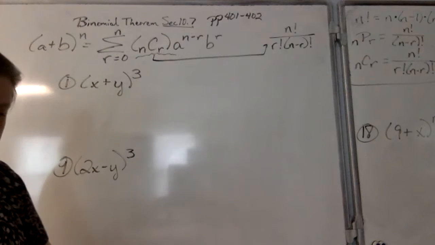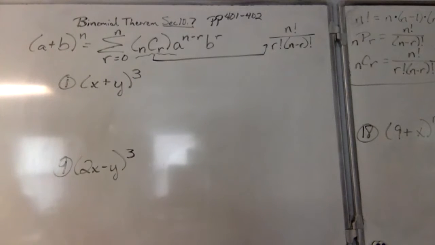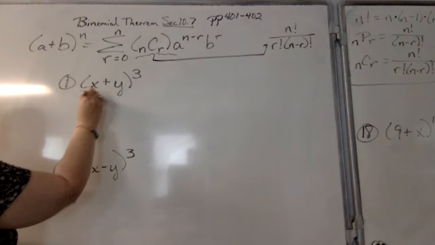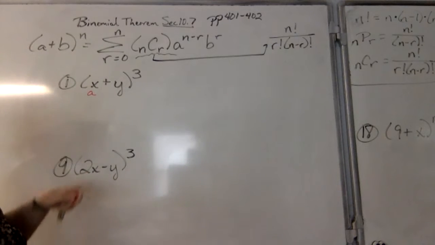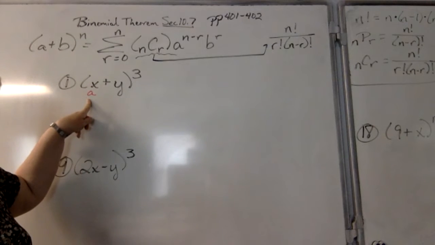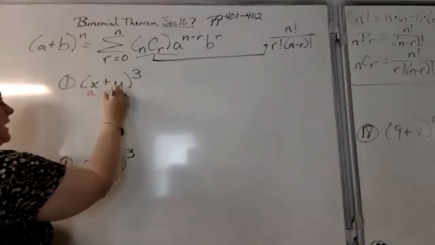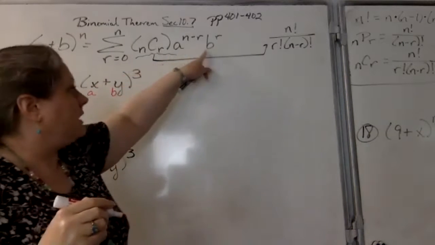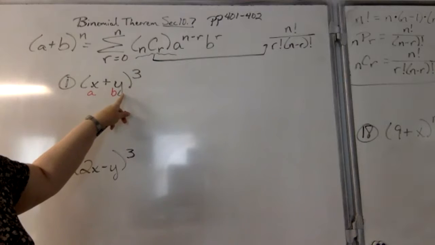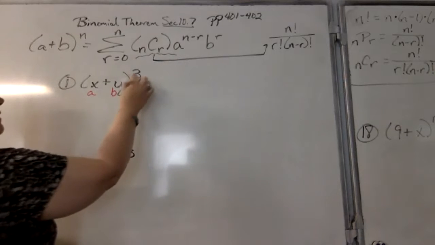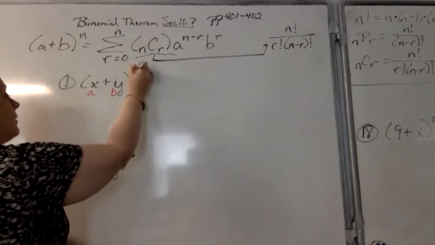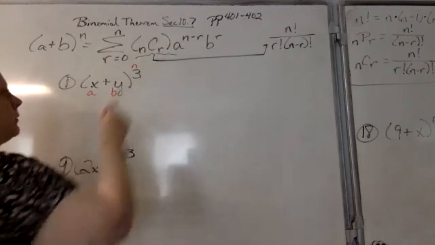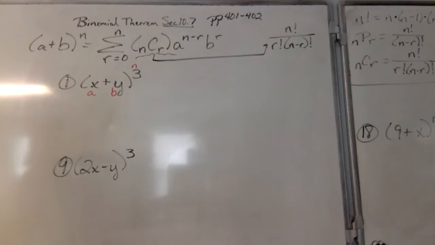So that means with the problem that we have, x is our a, so everywhere that there's an a in the formula, we'll replace it with x. Y would be the b, so everywhere that there's a b in the formula, we'll replace it with y. And then 3 is the n, so everywhere that we have n in the formula, we'll replace it with 3.